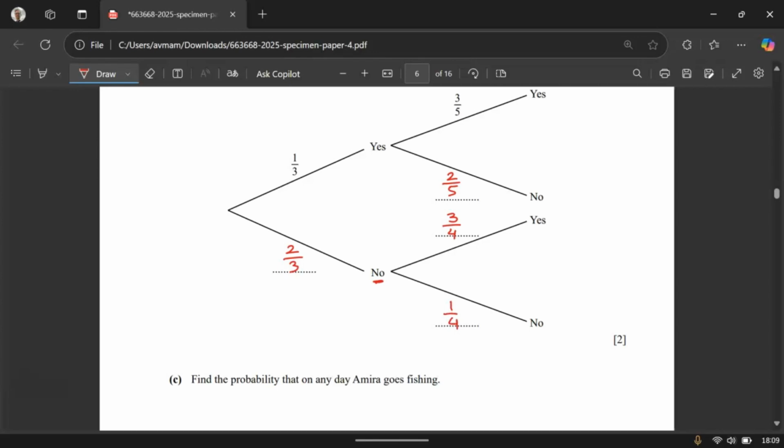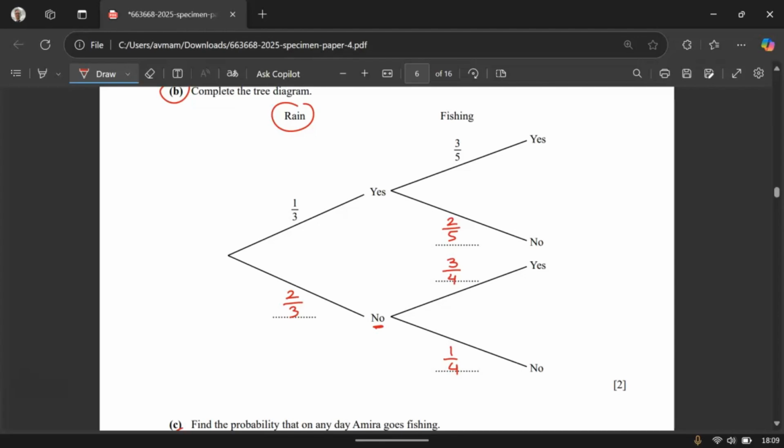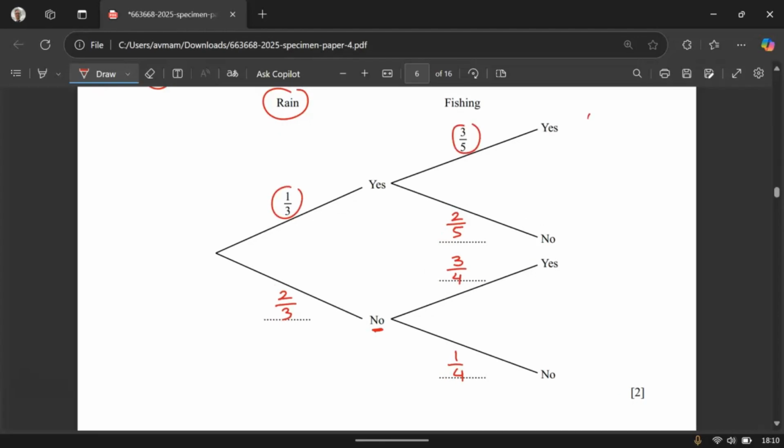There we go. Part C says find the probability that on any day Amira goes fishing. First of all, you have 1/3 yes and 3/5 yes. 1/3 times 3/5, and that will give us 3/15.